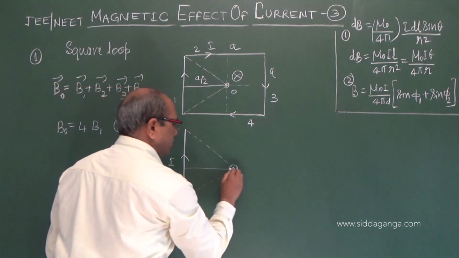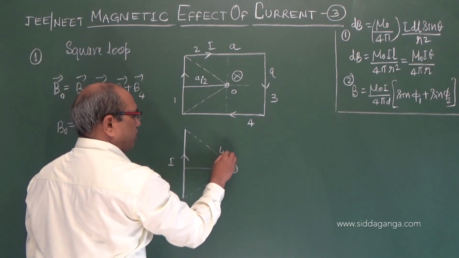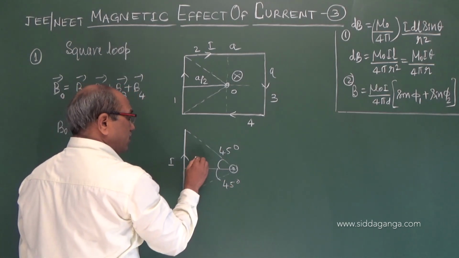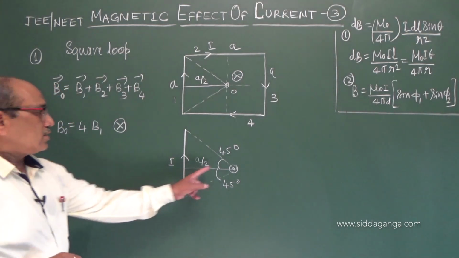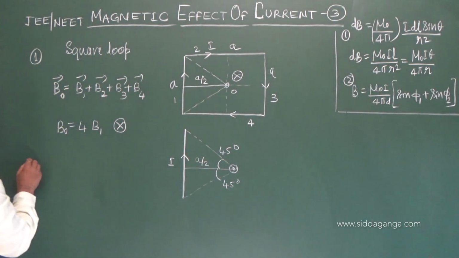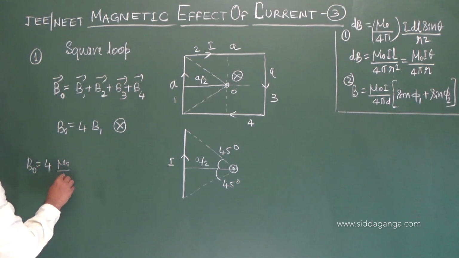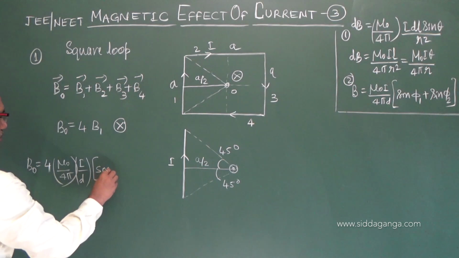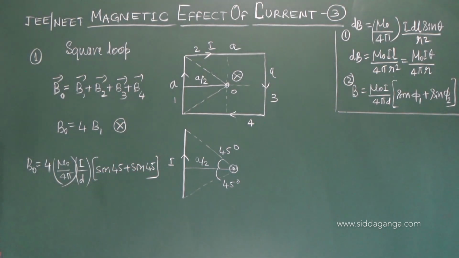How much? To see that, we have to use the straight conductor relation. This angle is 45 degrees, and this also becomes 45 degrees, and this will be a by 2 if the side is a, and this side is a by 2. Substituting in this, B0 equal to 4 into mu naught upon 4 pi, I by d, into sine 45 plus sine 45.